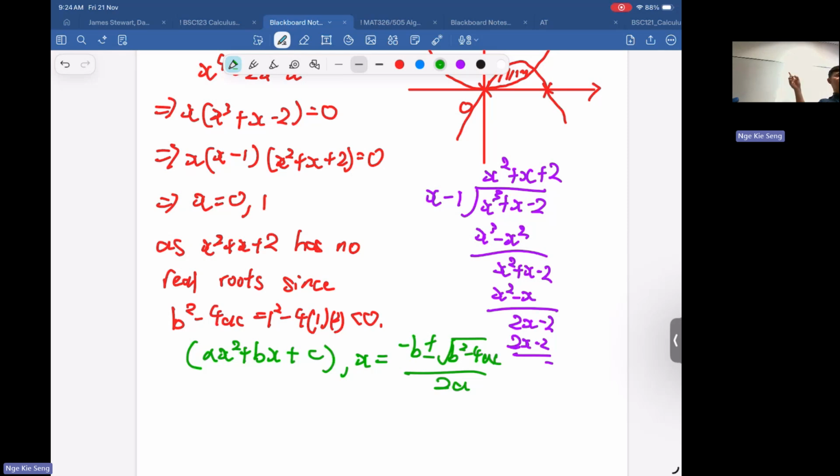This is the thing that appears inside the square root. If a quadratic polynomial has a root, it should satisfy this formula. But if the number inside the square root is negative, then this is not a real number. Okay, makes sense.